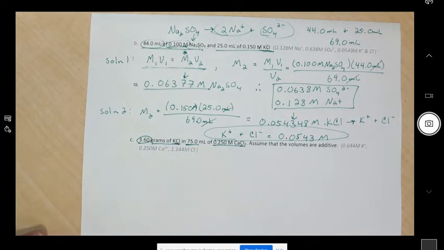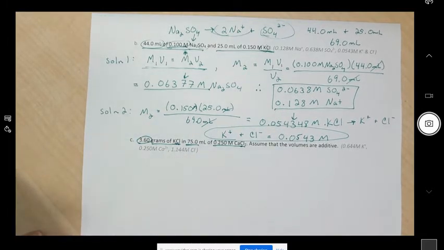I also could just find out how many moles of KCl I have and do it that way too. So there's a couple different ways to do this one. You could convert everything to moles, add your moles together for your common ion, and divide by 75 again.